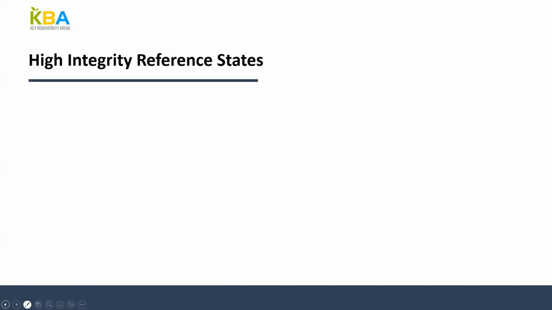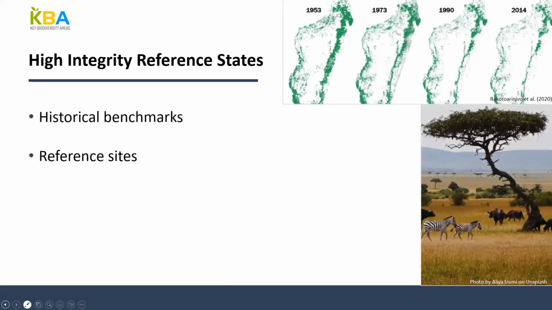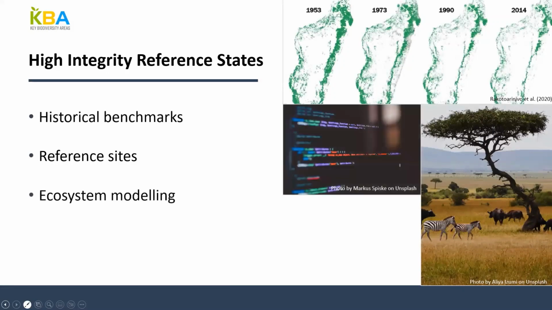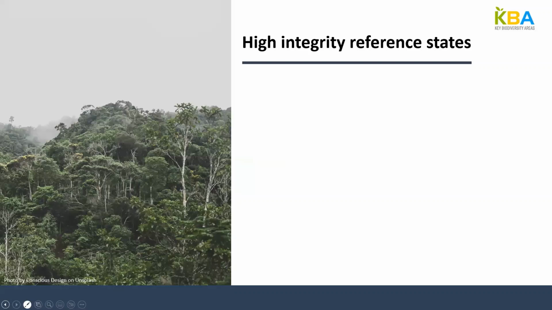Today, we'll be going over 4 categories: historical benchmarks, reference sites, ecosystem modeling, and finally, expert judgment.